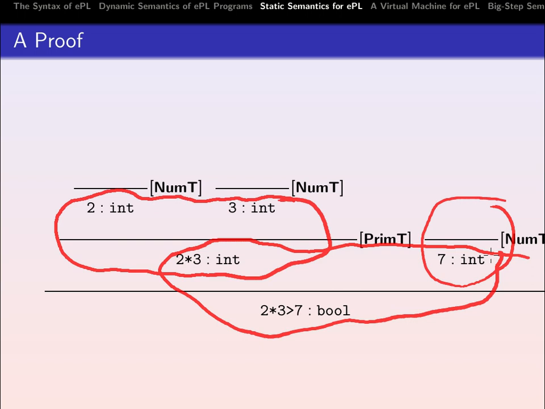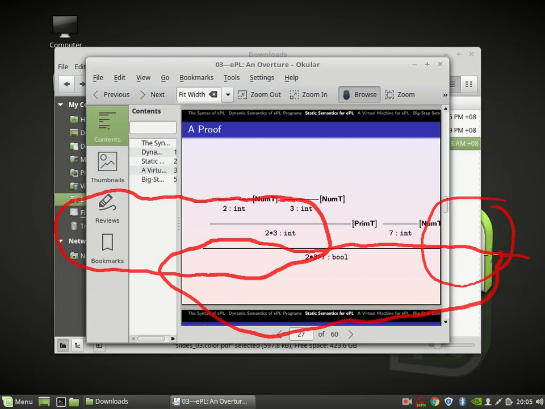So we can build this tree-like structure where on every level we have instances of the rules, and this is what we call a type derivation or a type proof. We're essentially proving mathematically that 2 times 3 greater than 7 has type bool. Okay? Clear? And this is essentially very simple.